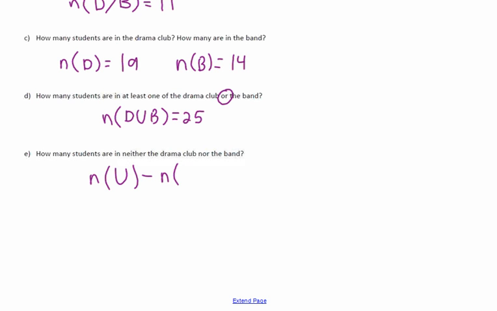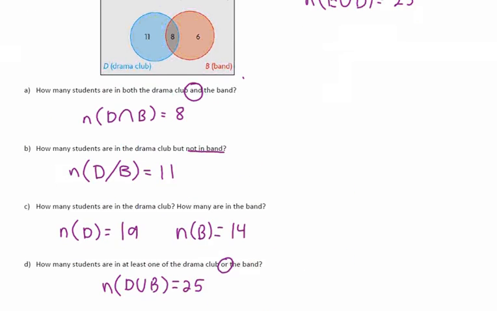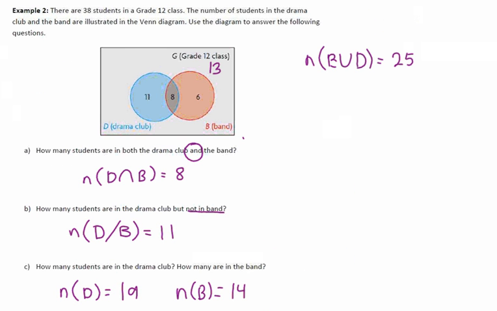D union B, D or B. So 38 minus 25 is 13. We're just going to write the 13 over there, add it into that drawing.